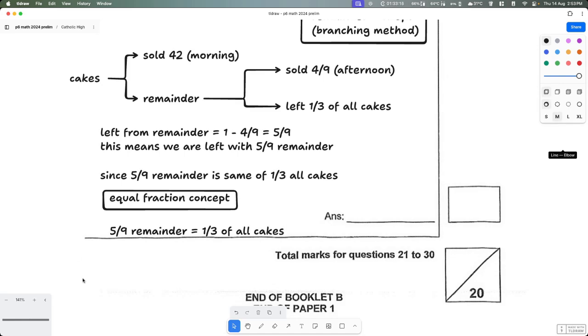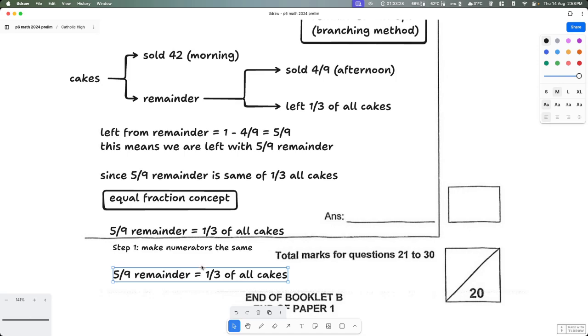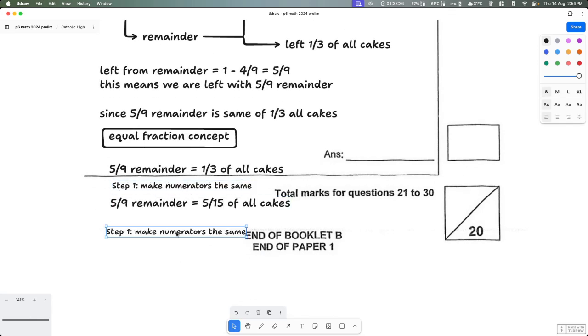So we first need to create, so step 1, make numerators the same. So for this, that means this will then become, so I'm just going to put this as 5 over 15 of all cakes, right?